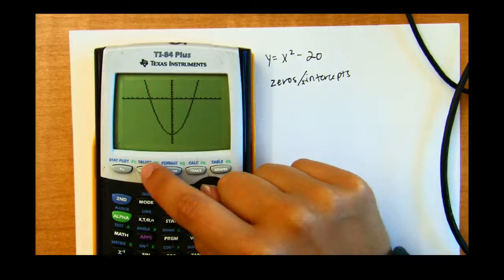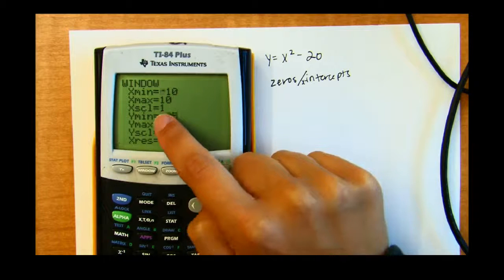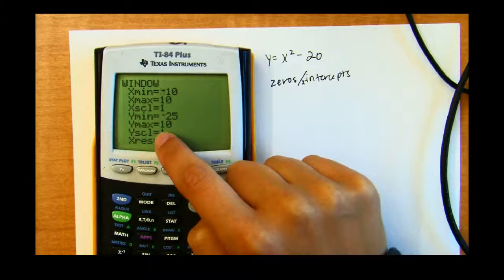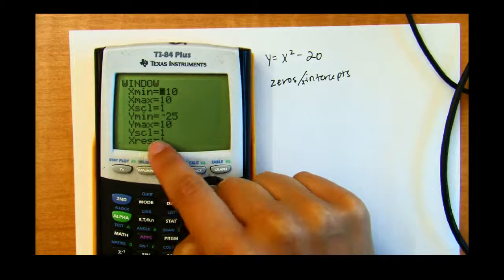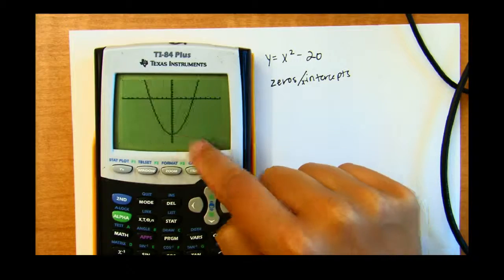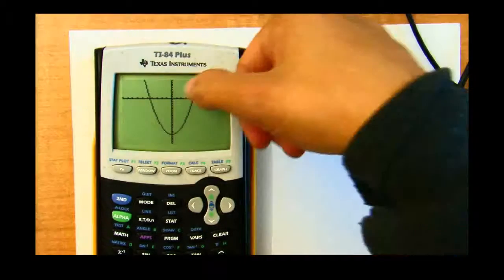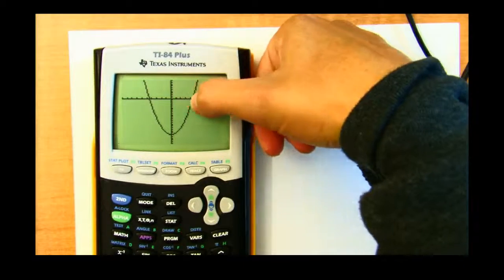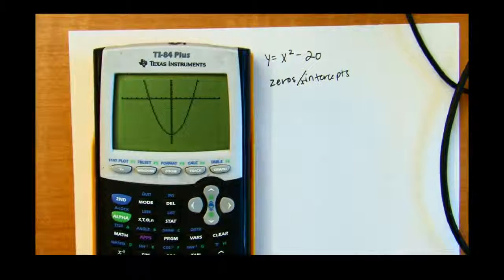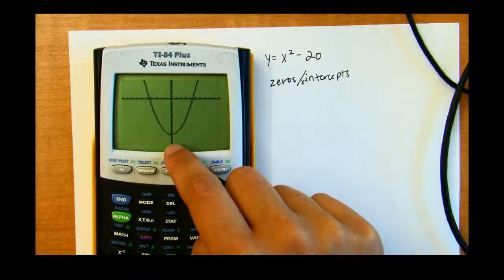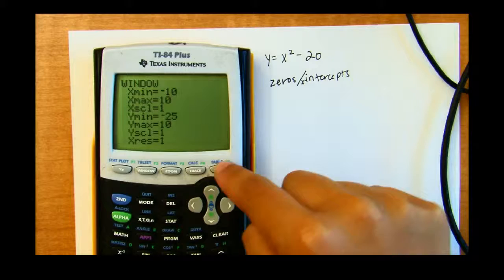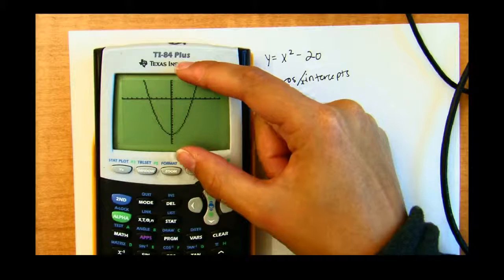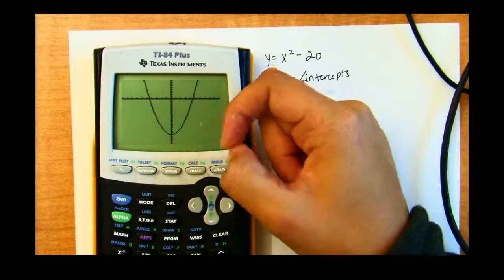So right below your x min and max, y min and max, there's this thing called x scale or y scale. And that's telling you how much each tick mark is worth. So on my x-axis, each tick mark is worth one value, and it's very easy to see what those values are. On the y-axis right now, each tick mark is also worth one value. But because I've got so many values on that little screen, it's kind of smudged together.